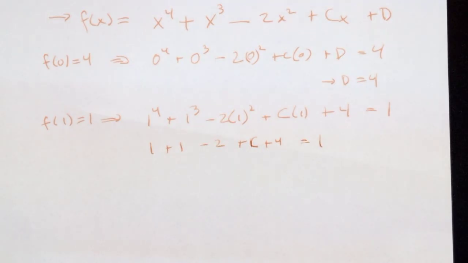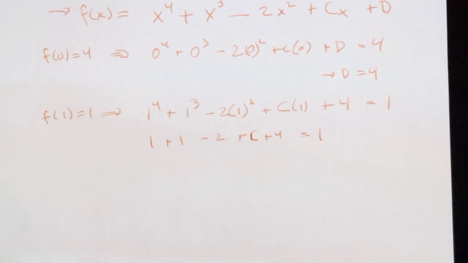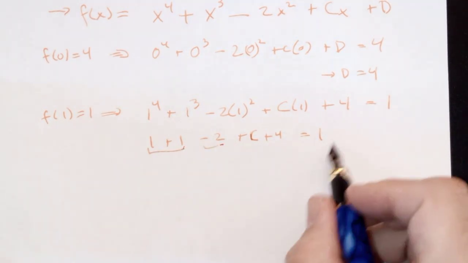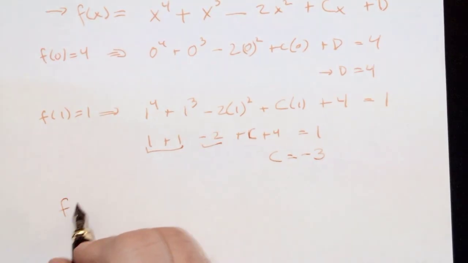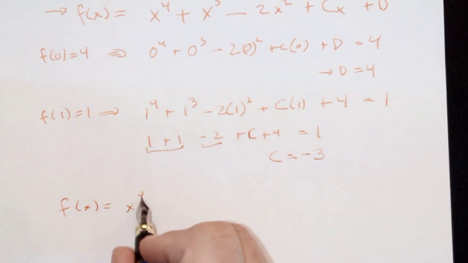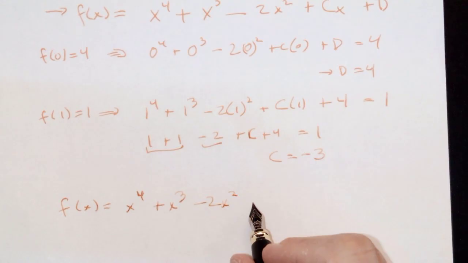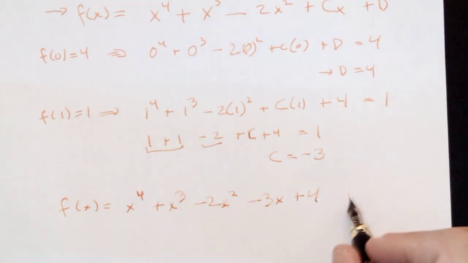So what's C? This 2 cancels with this 2. I move that to the other side. I get C equals 1 minus 4, which is negative 3. Which means I now have my particular equation: x to the fourth plus x cubed minus 2x squared minus 3x plus 4.